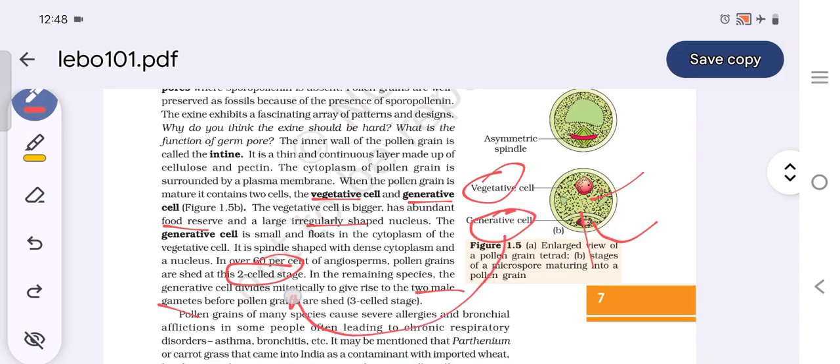That is mitosis. So when the generative cell divides into two, you will have one vegetative cell and two male gametes. So it becomes a three-celled stage. Male gametes are again cells themselves. So some shed the pollen grains in this three-celled stage, others shed the pollen grains in the two-celled stage where you have one vegetative cell and one generative cell.